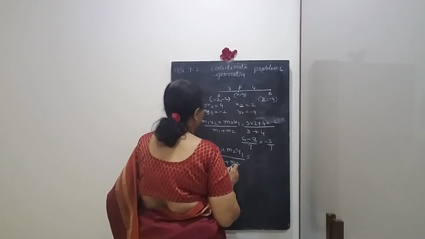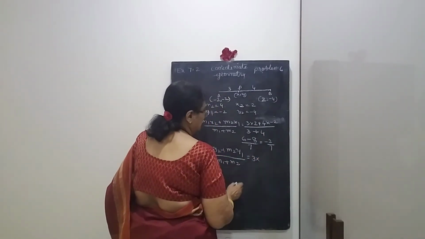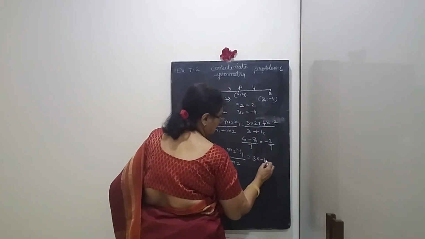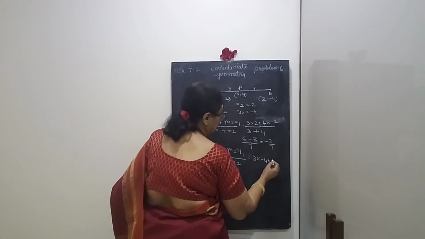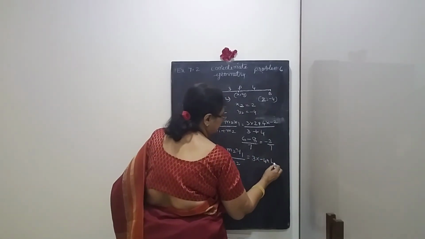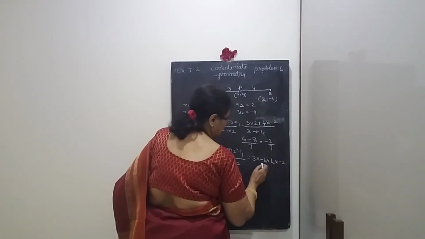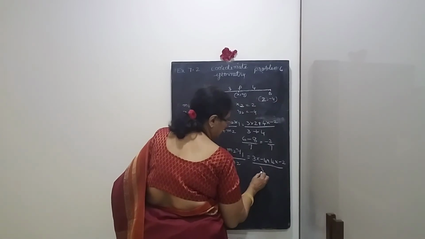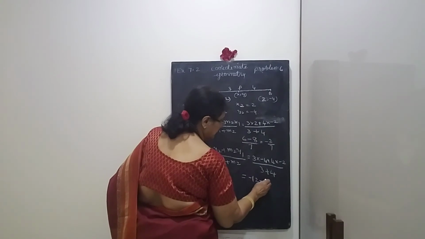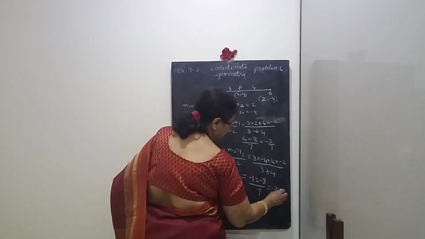Py is (M1 Y2 plus M2 Y1) by (M1 plus M2). M1, how much is M1? 3 into Y2, -4, plus M2, 4, into Y1, -2, by 3 plus 4. -12 -8 by 7, -20/7.